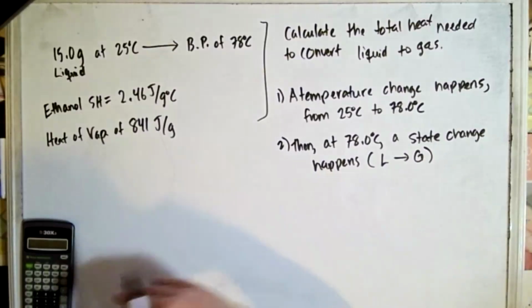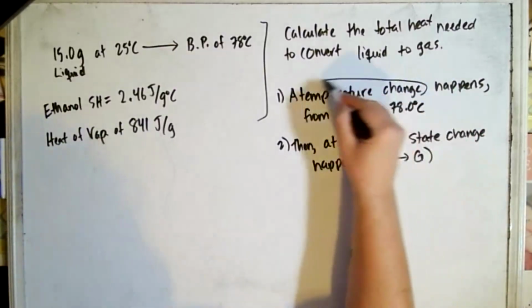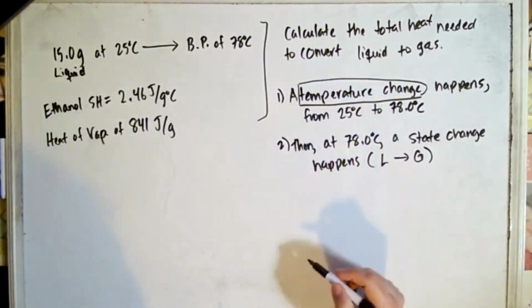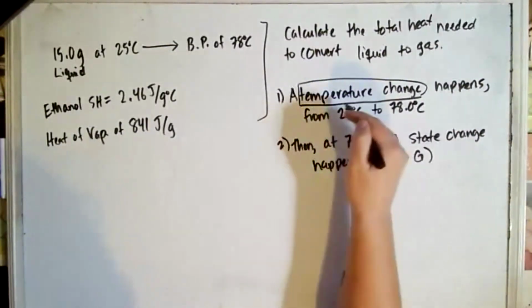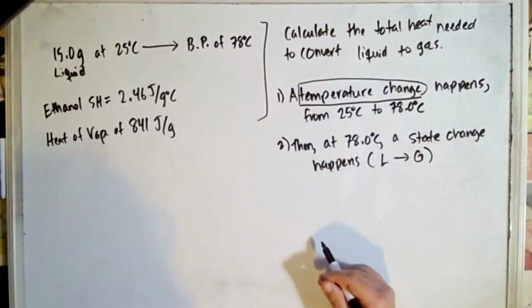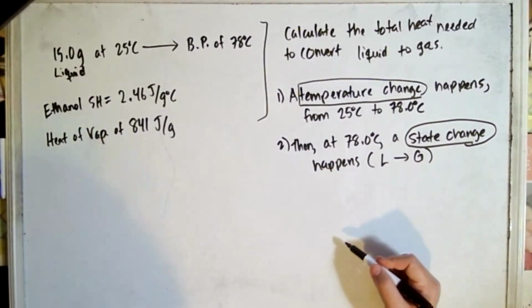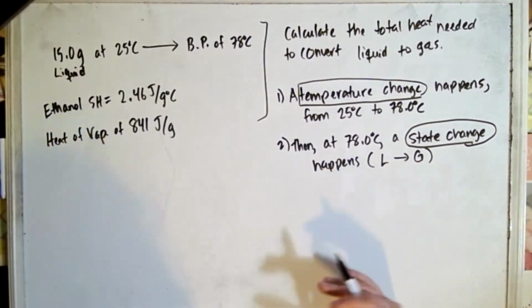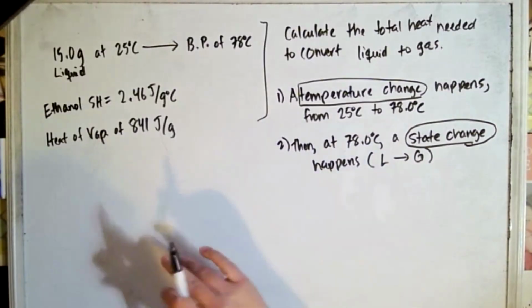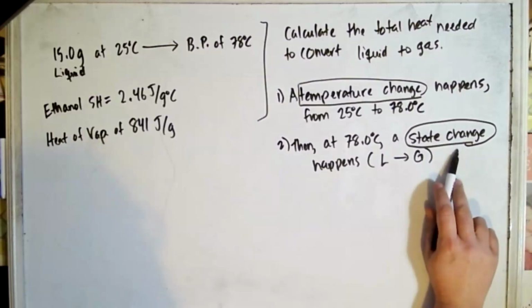And when you're trying to figure out how to do that, remember that when we have a temperature change, we're always going to use our heat equation to figure out the amount of heat that a temperature change requires. And whenever we're looking at a state change, we're always going to use that same math that we did a few slides ago, where we use our heat of vaporization to help us figure out how much energy this state change is going to cost us.